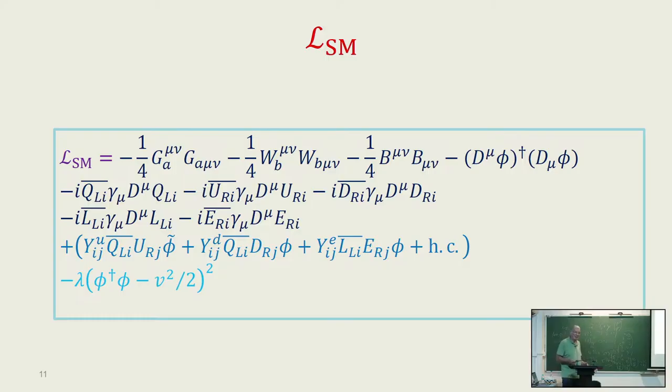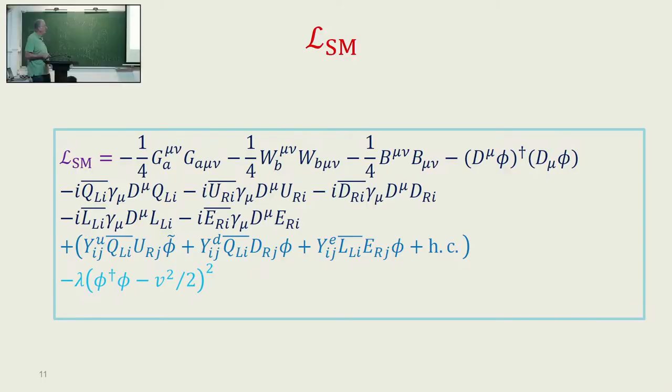So that's it. We have the standard model Lagrangian. Kinetic terms for the SU(3) octet, SU(2) triplet, the U(1)_Y gauge boson, the scalar, the left-handed quark doublets, the two types of right-handed quark singlets, differing by their hypercharge, plus 2/3 and minus 1/3, the lepton doublets, and the lepton singlets, doublets and singlets of SU(2).